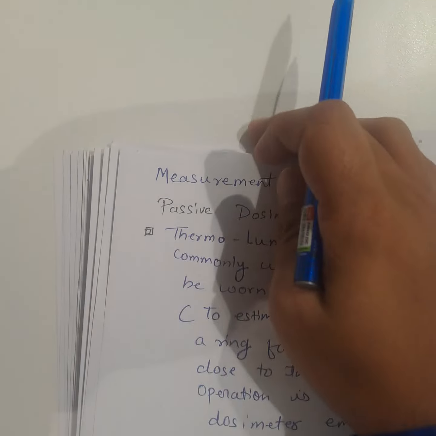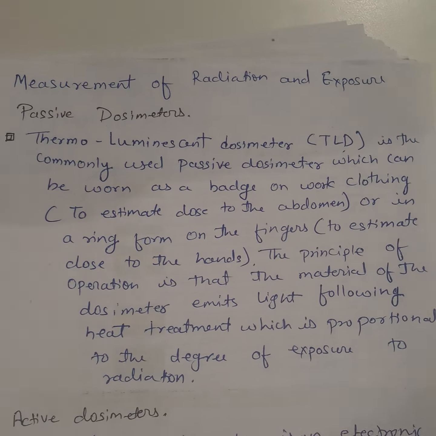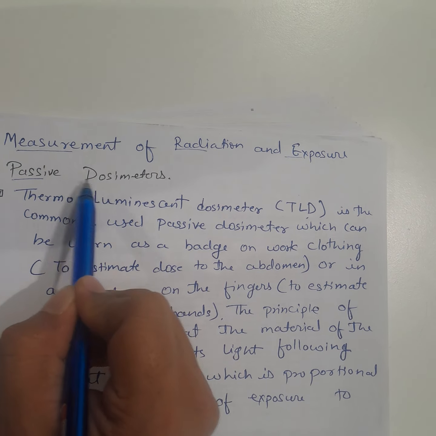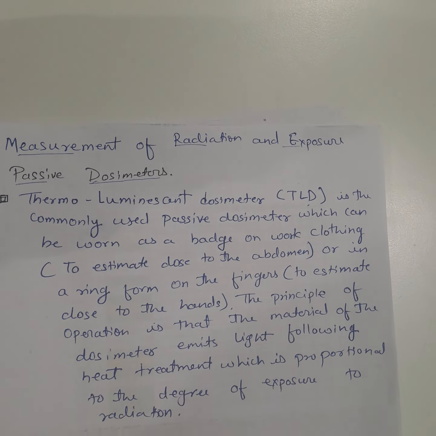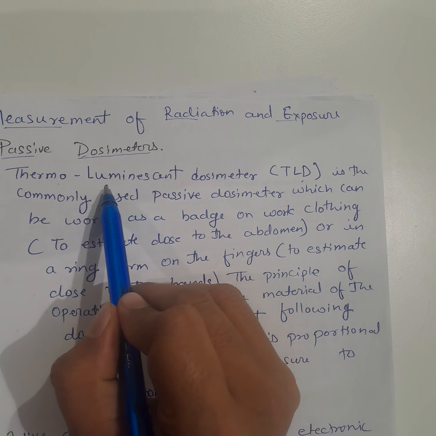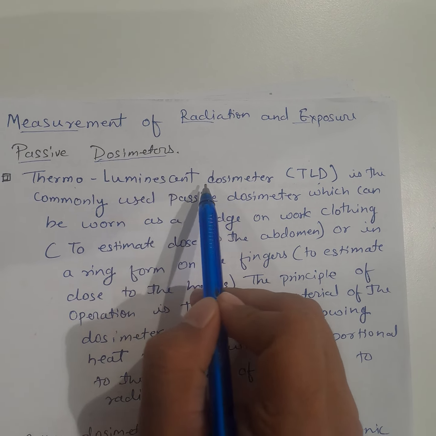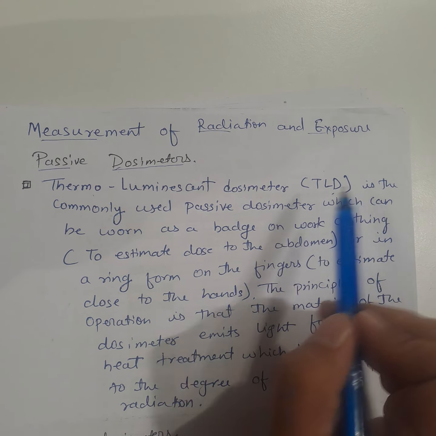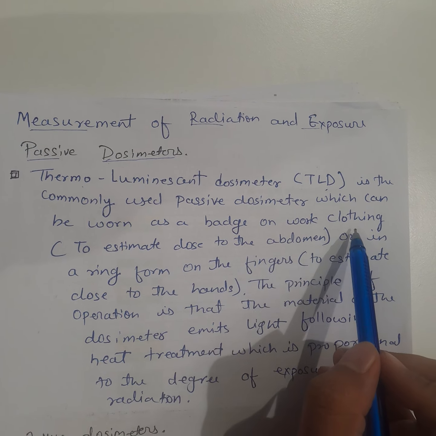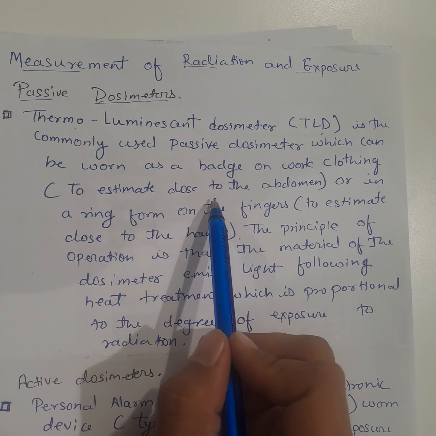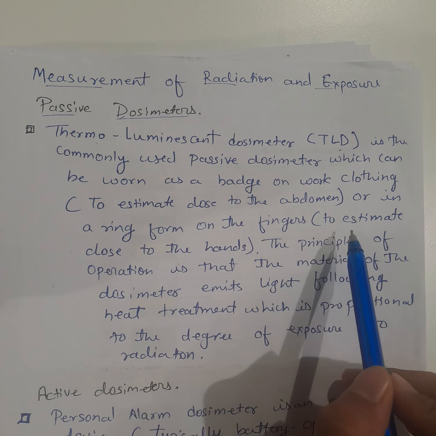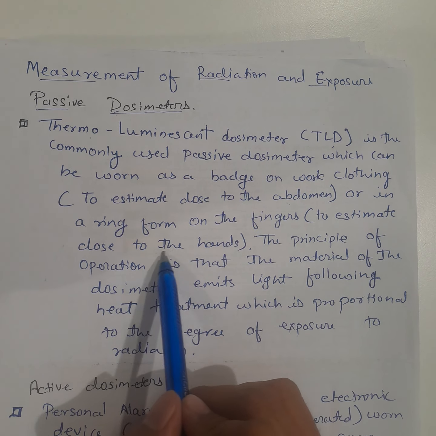So what are the measurements of radiation and exposure? Measurement of radiation and exposure uses passive dosimeters. So there is a TLD, thermoluminescent dosimeter, which is the commonly used passive dosimeter that can be worn as a badge on work clothing to estimate dose to the abdomen, or in a ring form on the finger to estimate dose to the hands.